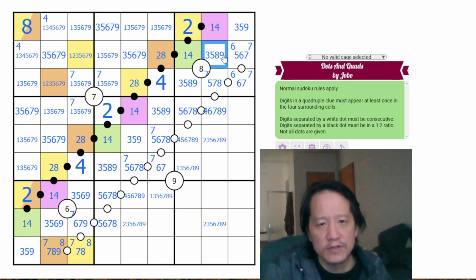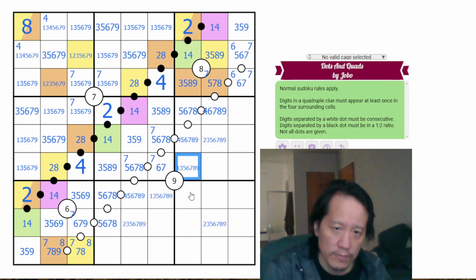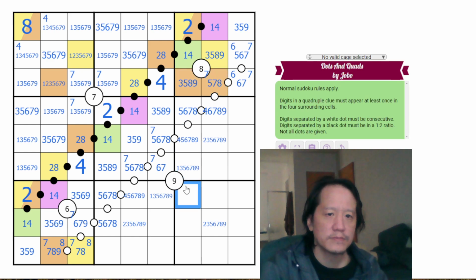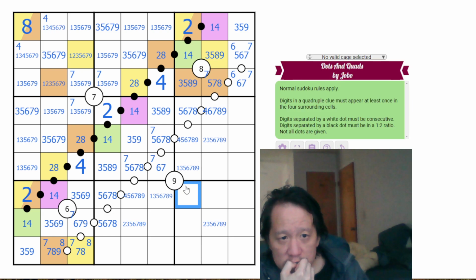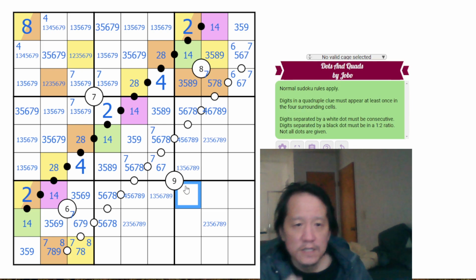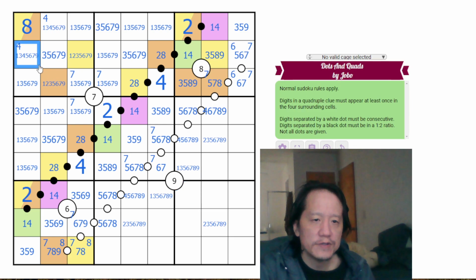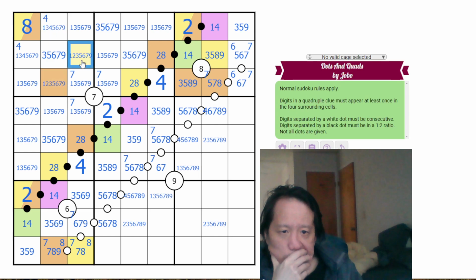Yellow is one of these two, and yeah, orange could be one of these three. So either this is 4 and this is 2, or this is 4 and this is 2.